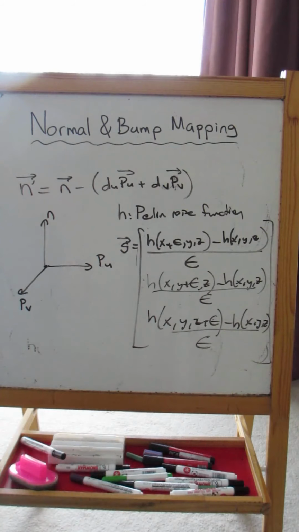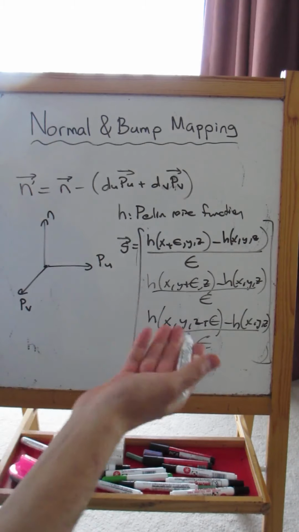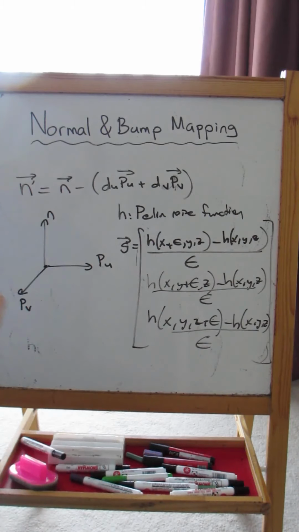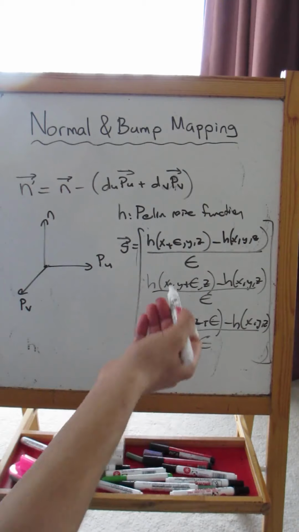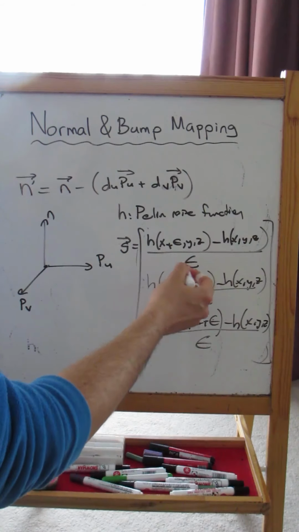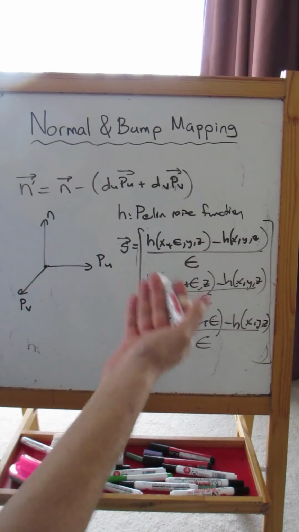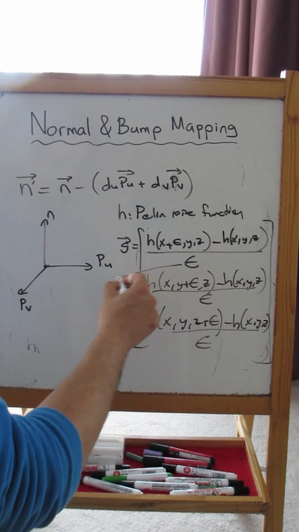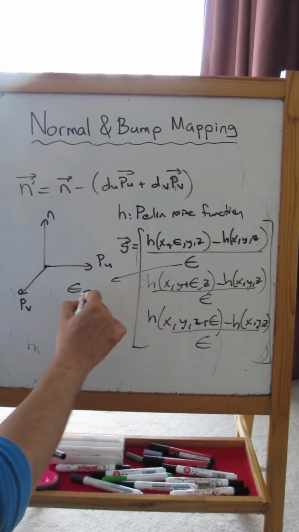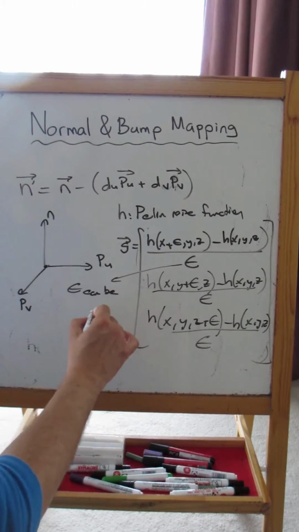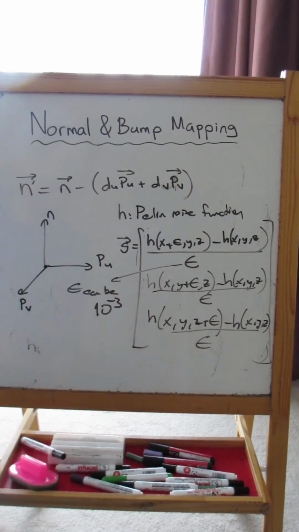So this epsilon, what should it be? It's a small value. You can of course use different numbers for this. As long as you use a small value, it should give you sufficiently good results. For example, epsilon can be 10 to the power of minus 3. Basically a small value.